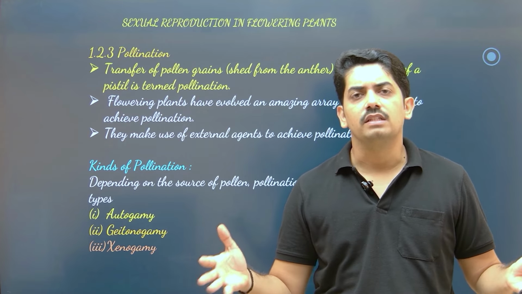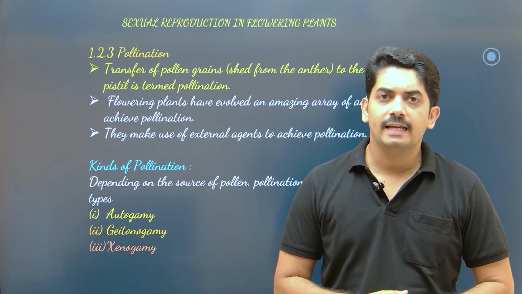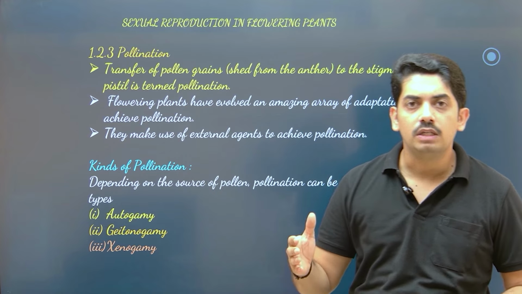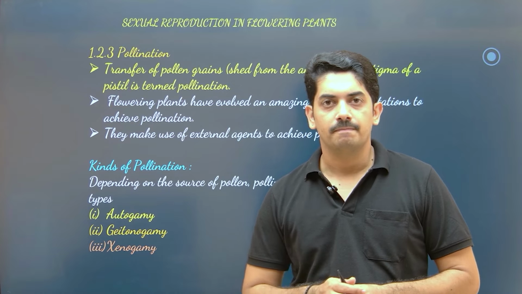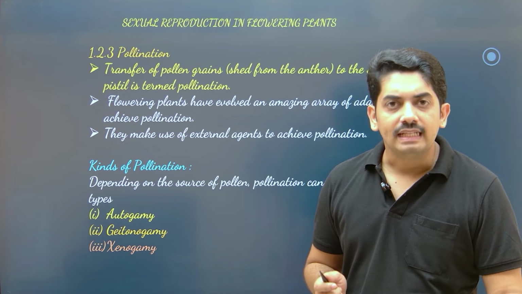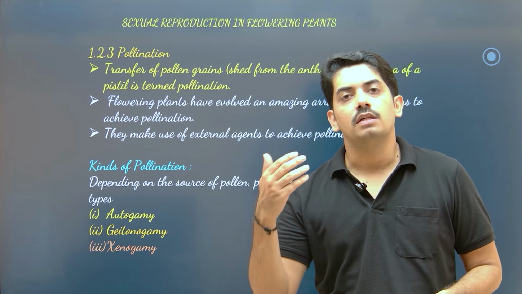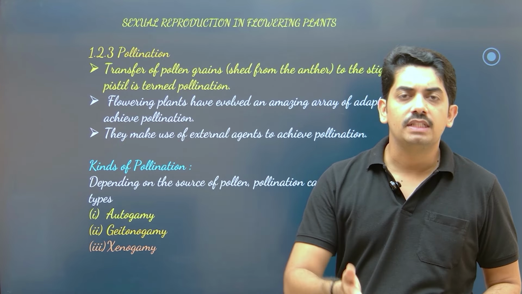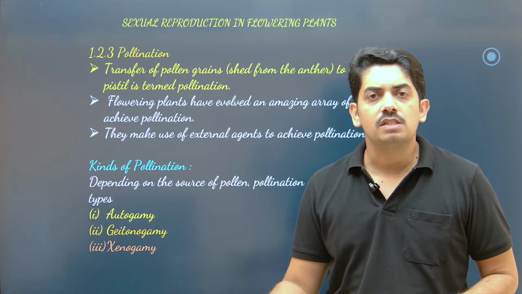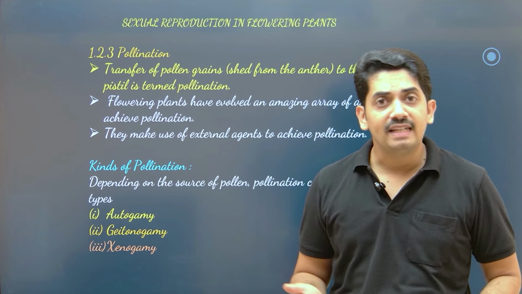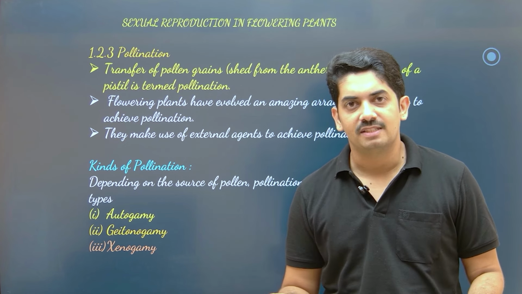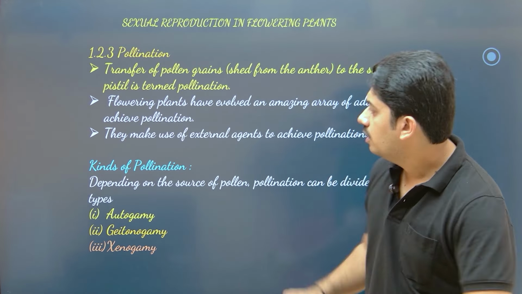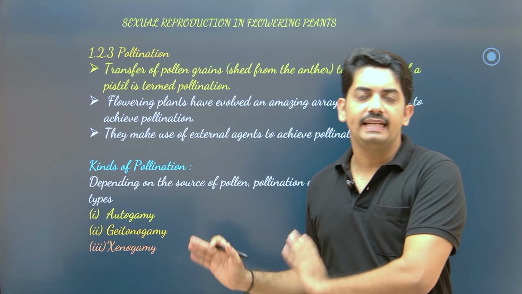All these different adaptations are there because in the course of evolution these plants evolved for different types of pollination. Some plants depend on insects, some on wind, some on water, some on birds, and some on animals. In some plants the pollination is done by human beings. Vanilla is the best example for that. We will study the same in detail here.